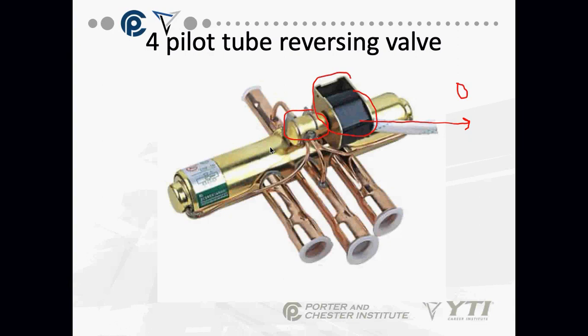We braze at extremely high temperatures. You have to actually remove the coil before you can braze this thing. And you have to wrap a wet rag around this whole device. You take a wet shop rag and you have water close by so that you don't overheat what we call the pilot valve in here.